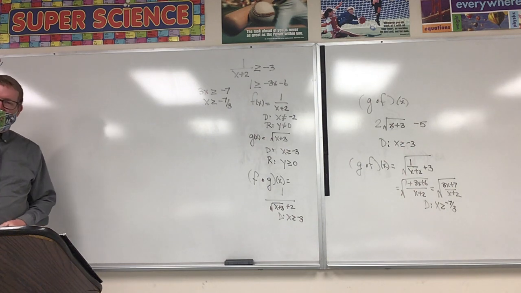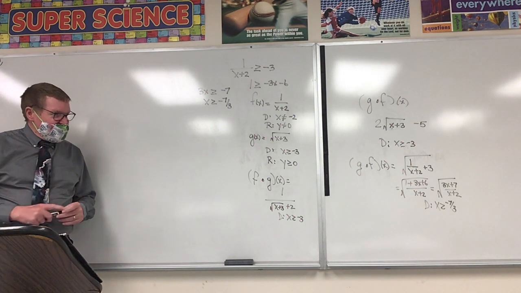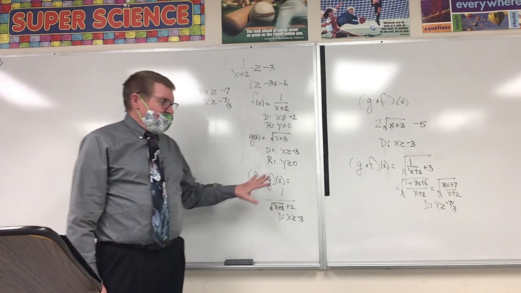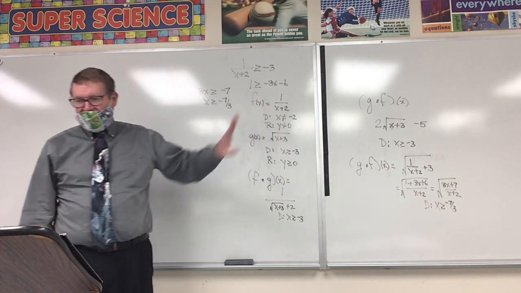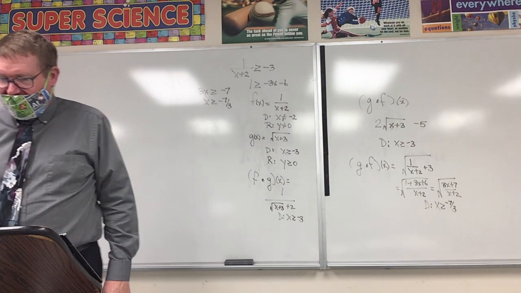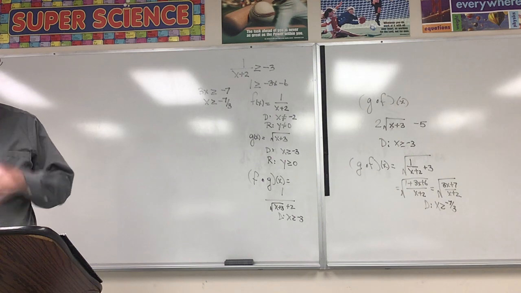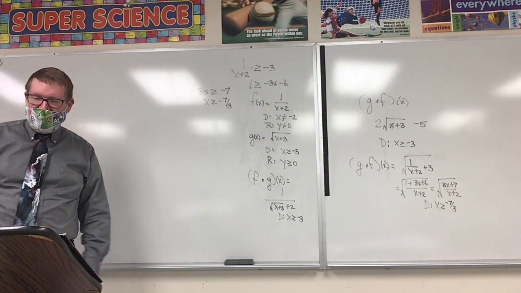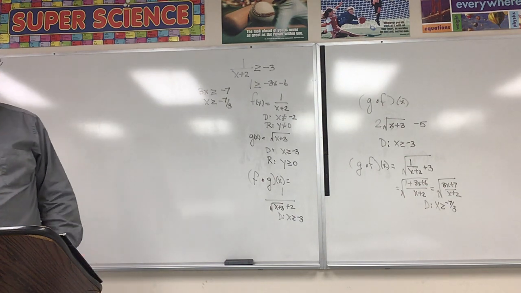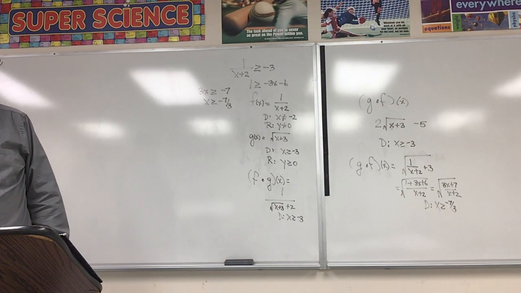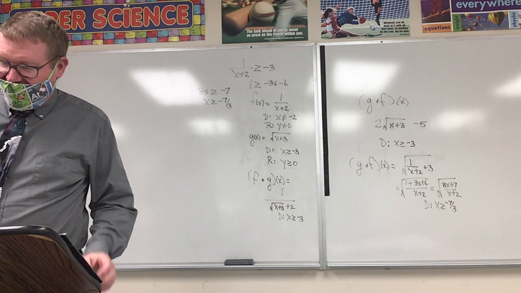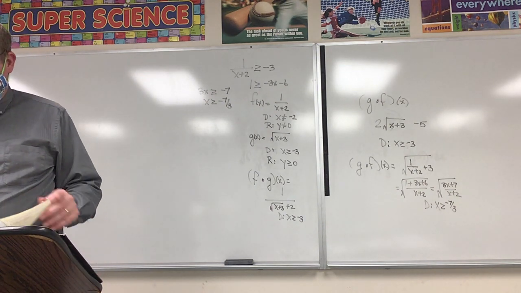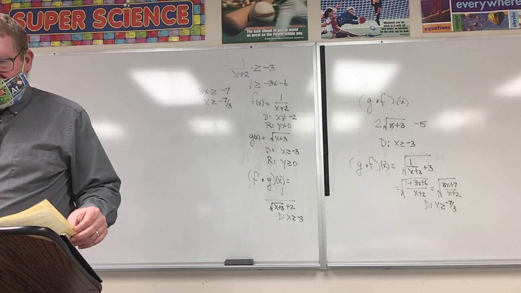Alright, we'll look at more of this on Monday. As far as homework, all they're asking you to do is to compose. They're not necessarily asking you for domain and range. For the addition, subtraction, and multiplication, they are. But as far as composing, they will not. That is something a little extra I gave you to do.